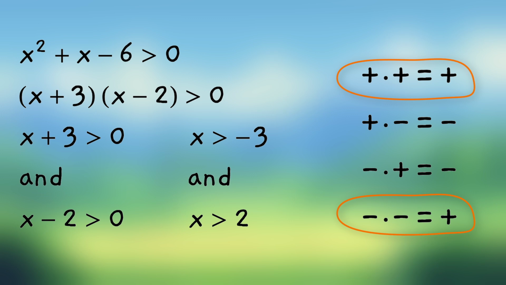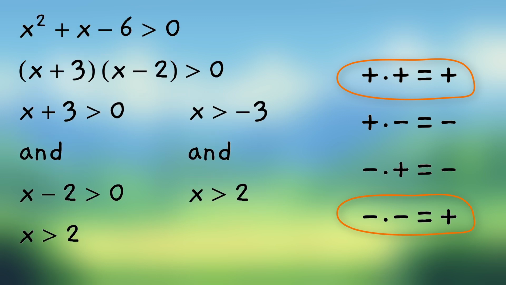When is x greater than -3 and x is greater than 2 at the same time? Well, in that case, it only happens when x is greater than 2. So we can simplify this and just write it as x is greater than 2. So when x is greater than 2, both factors are positive, so their product is positive.